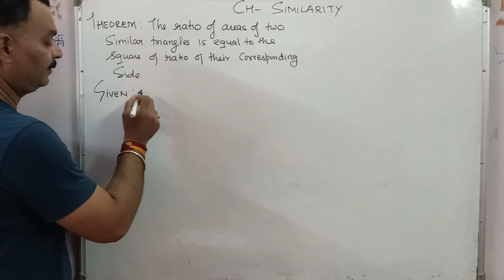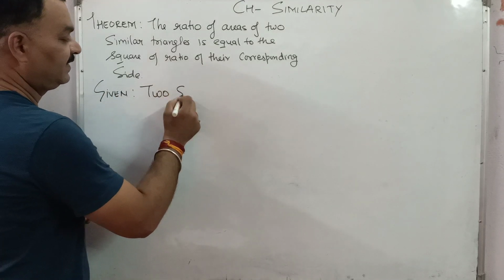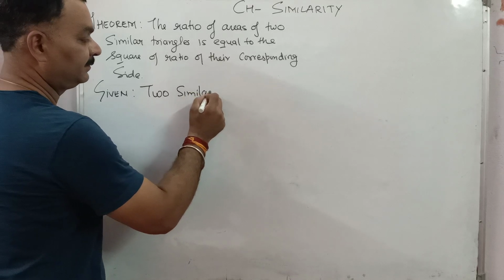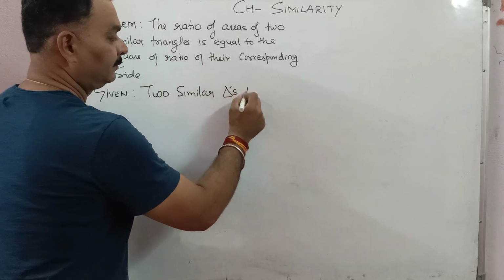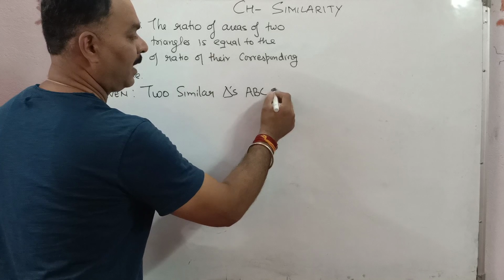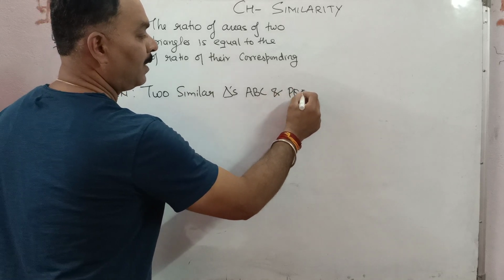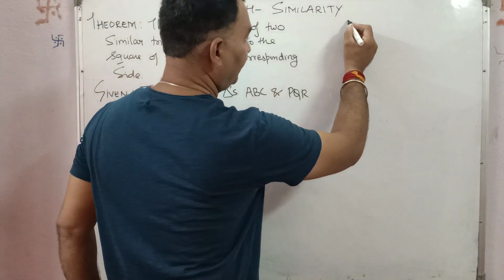Say given two similar triangles ABC and PQR. Let us draw those similar triangles over here.